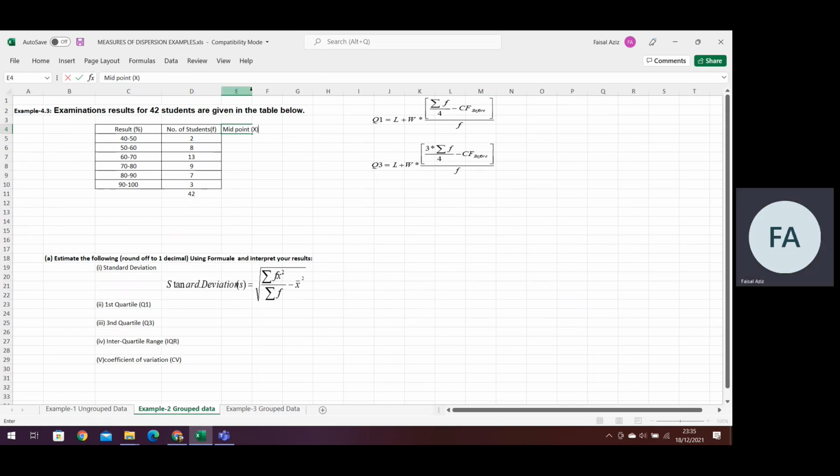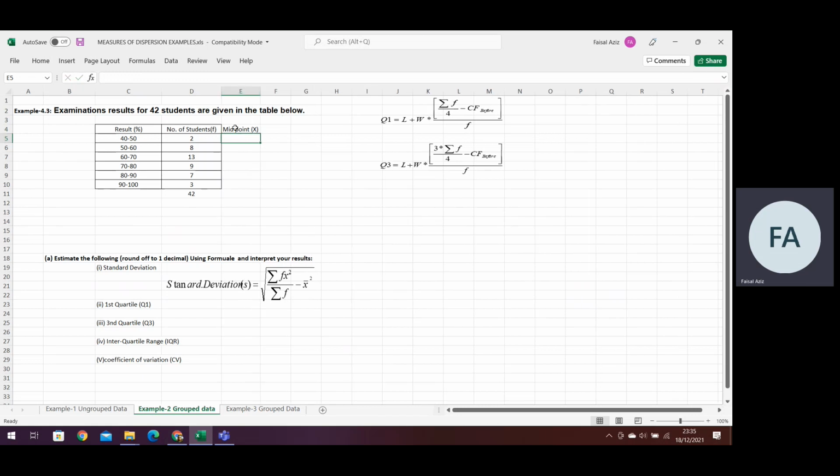So how to calculate midpoint we have discussed in the previous videos. Again I'm going to explain. It is basically the sum of lower limit and upper limit divided by 2. So this is what I'm going to do. Lower limit is 40, upper limit is 50, and then divided by 2. So this will give us 45.